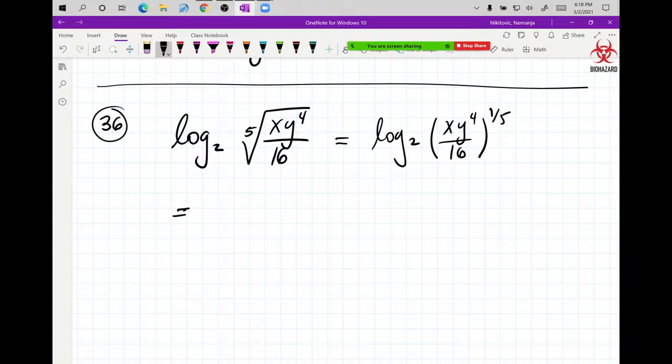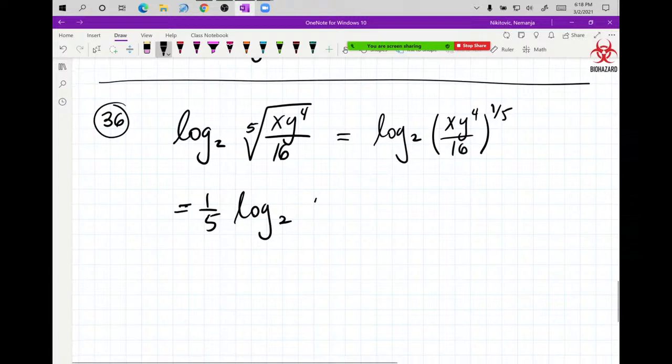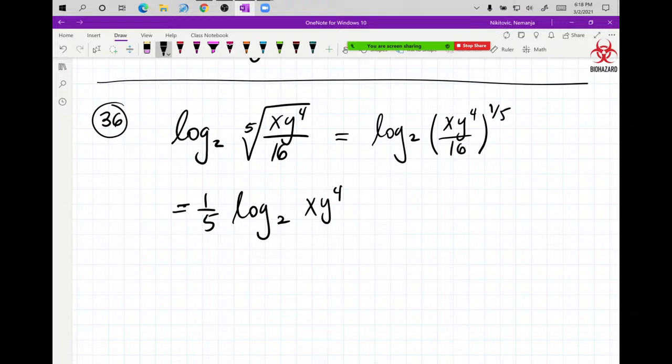So that kicks out 1/5, and then you have your log base 2 of xy to the 4th divided by 16. So now you get to divide this further. I think I jumped up a couple steps too early. I tried to do the subtraction before.